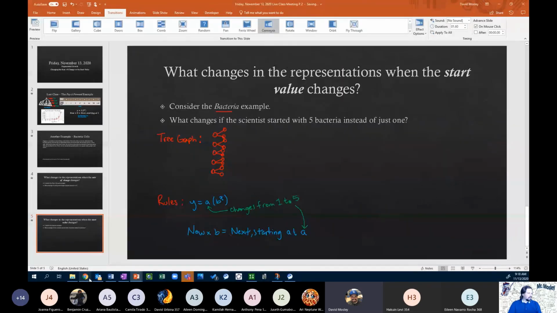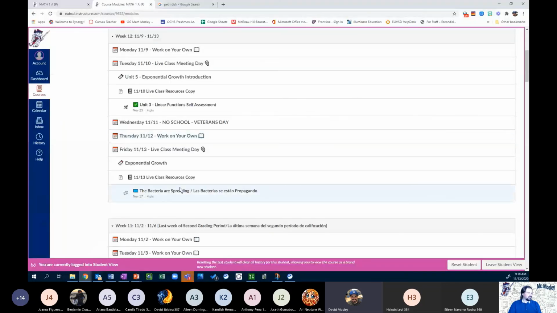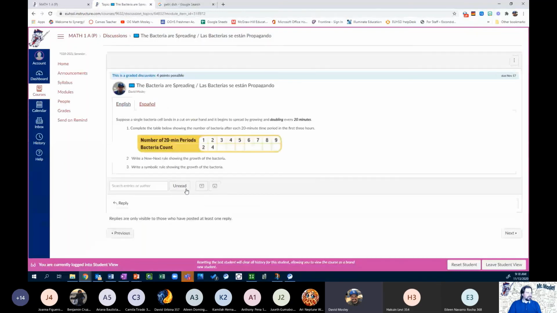I'm going to jump back into Canvas. So we're going to look at our discussion. All right. So this is our discussion board. It's the bacteria are spreading. And this seems really tiny. All right. So we'll zoom in here a little bit.